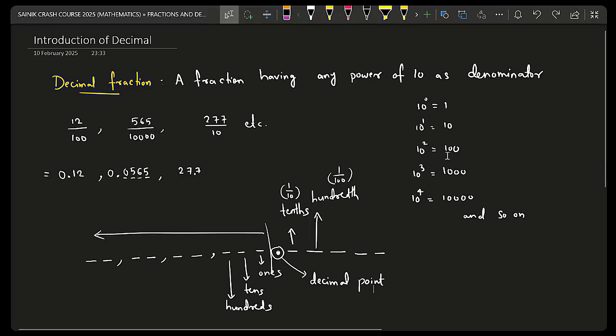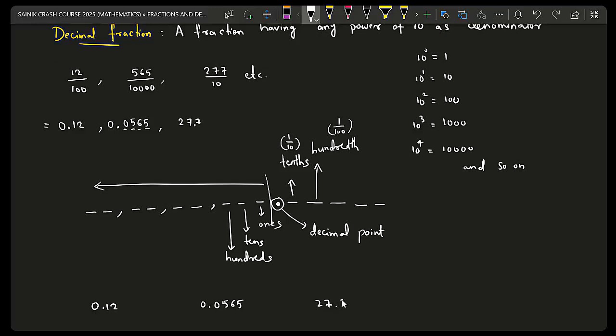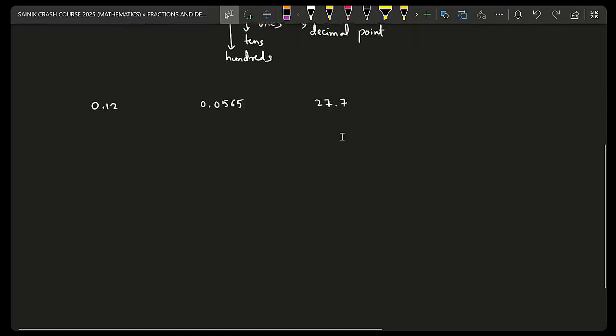Then we'll move forward. This is the way we convert a decimal fraction into a decimal. Now we'll try the reverse process. We'll take the same examples so you don't get confused: 0.12, 0.0565 and 27.7. I want to convert these decimals back into their decimal fraction form.